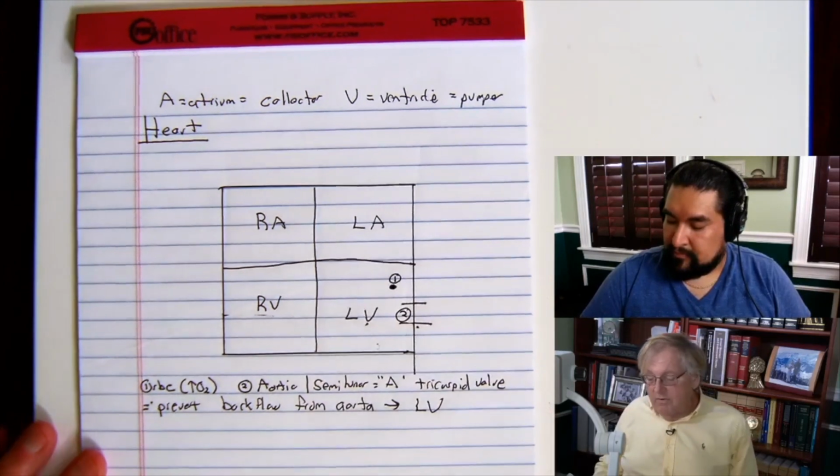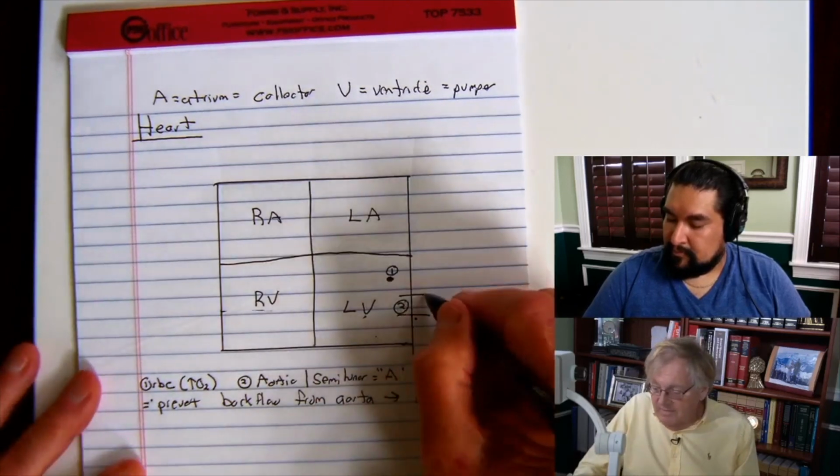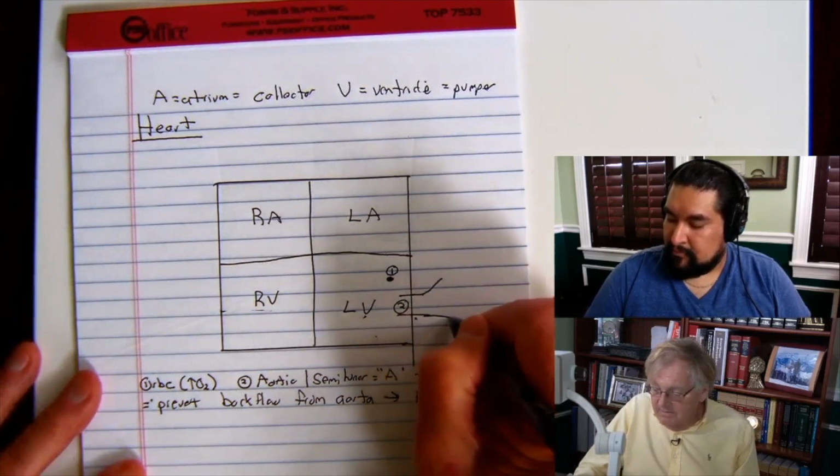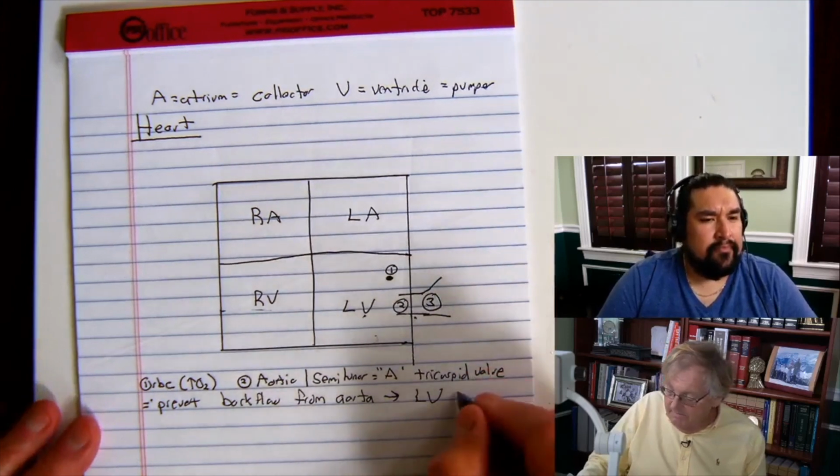So therefore, since 2 is the aortic semilunar valve, this structure coming out of 2 right here is number 3. And of course, that's the aorta.